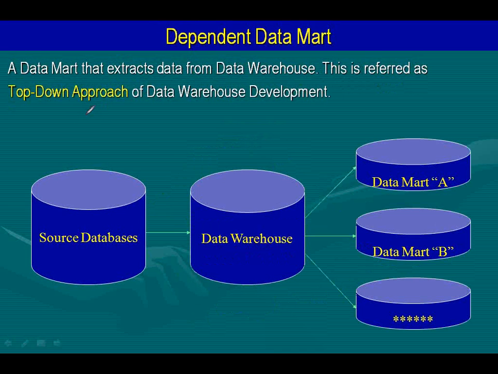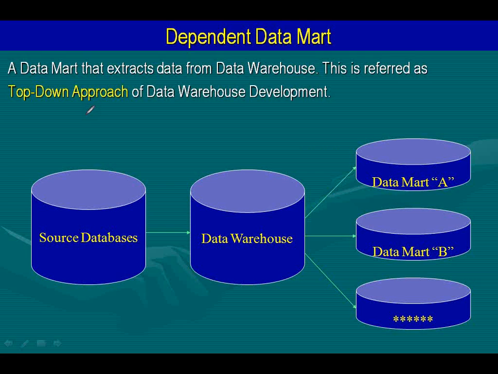Obviously, the other approach is, first you plan the total warehouse, the actual enterprise warehouse, and that can support enterprise level decision making. But to have decision making ability at a particular area of the business, at domain level or at department level, you can extract that particular information to a mart, and you can plan decision making at that level.